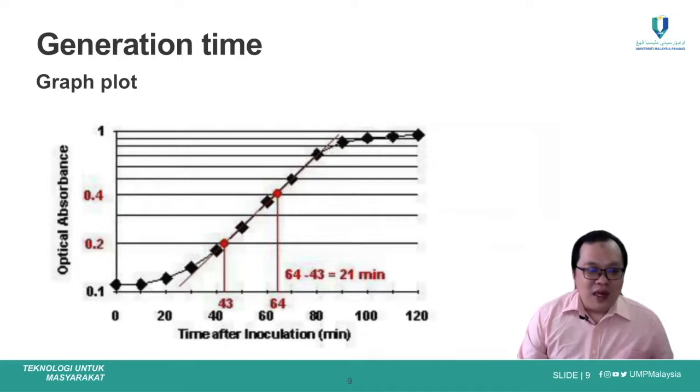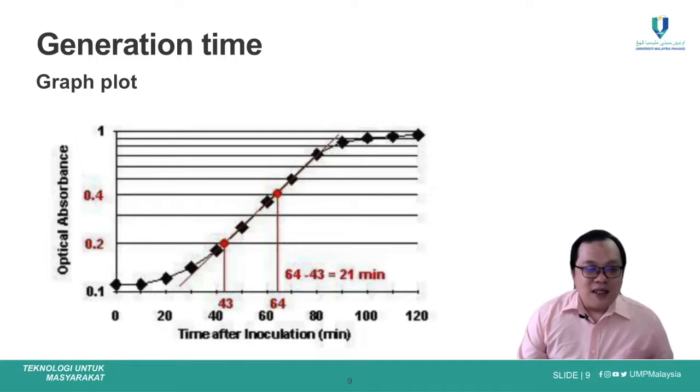We're going to extrapolate the doubled absorbance and get the time interval. Therefore, the time interval is the generation time. So in this case, 64 minutes subtracted by 43 minutes is equal to 21 minutes.